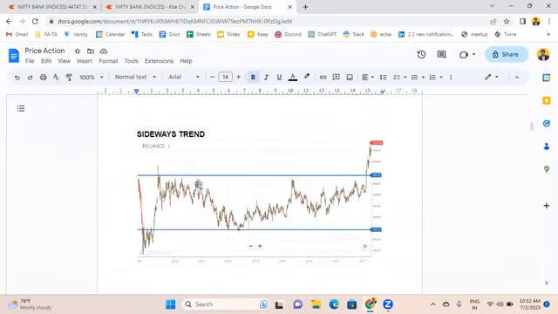And finally, number three is the sideways trend. As I mentioned, a sideways trend is basically a zone where buyers and sellers are in balance, like 50-50%, and they are basically fighting: buyers are saying we want to take prices upwards, whereas sellers are saying we want to take prices downward.